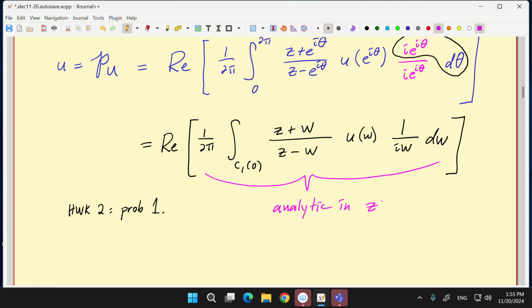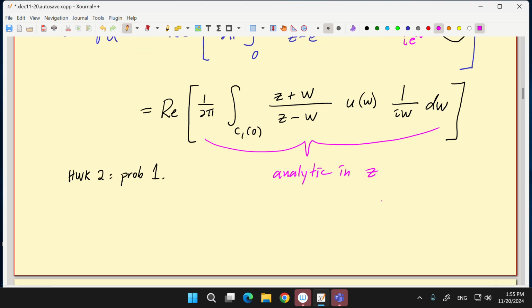So u goes to a v, which is a harmonic conjugate of u.